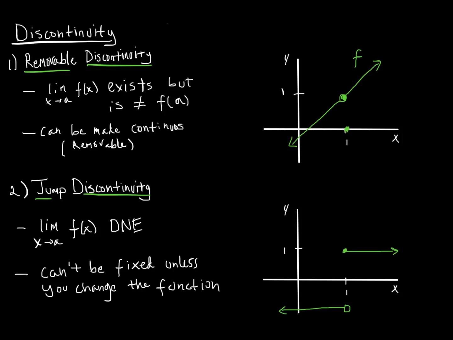And here we cannot just remove the discontinuity, right? I can't all of a sudden just define the function at a certain point here and make the discontinuity go away. In order to change this, you would actually have to change the function. So a jump discontinuity is different from a removable discontinuity, because you can't just make the function continuous at that point.